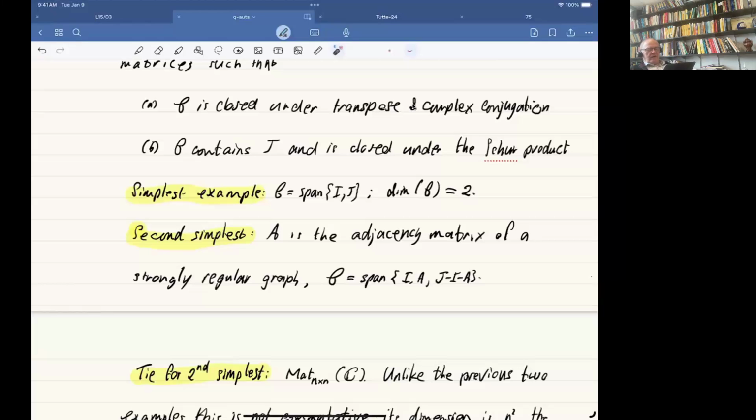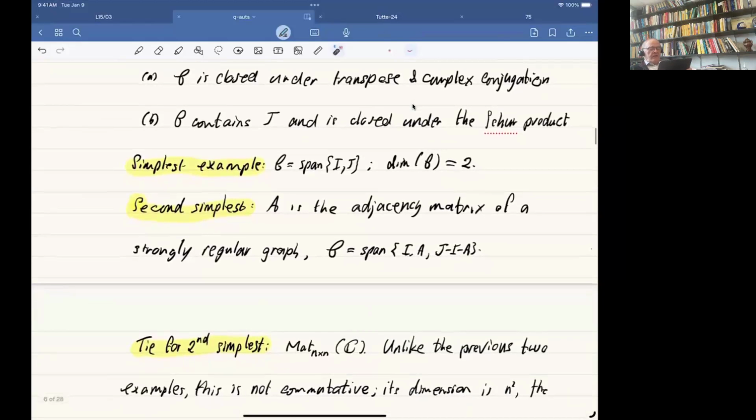You can see this in other ways. So this span is a coherent algebra. Now, this coherent algebra, and this one too, has the nice property of being commutative, because for a regular graph A and J commute. That's nice. It's generally not the case, but we take advantage of it when it's there.